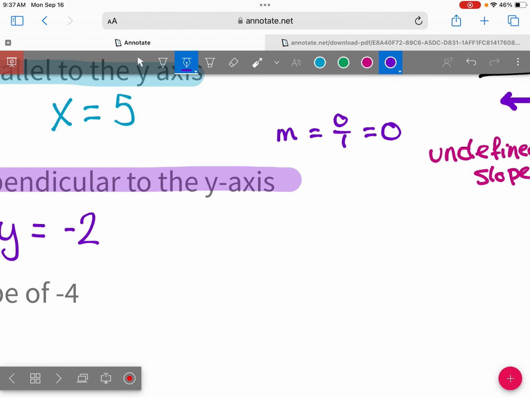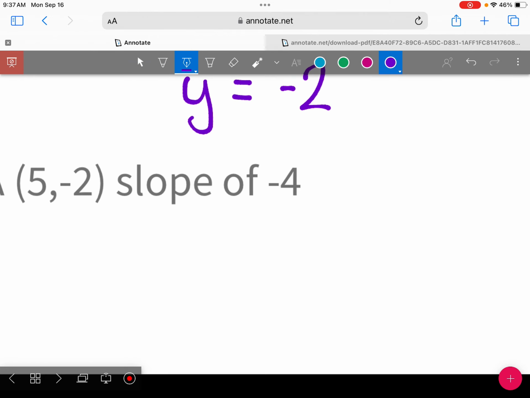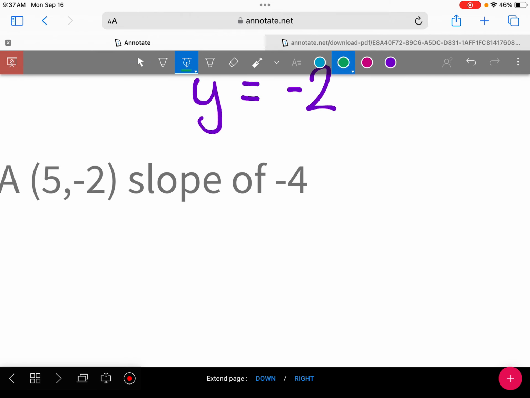Last one's going to feel a whole lot more normal. I've got my point A and a slope of negative 4. How can we build an equation for this? Y minus the y value for my point.